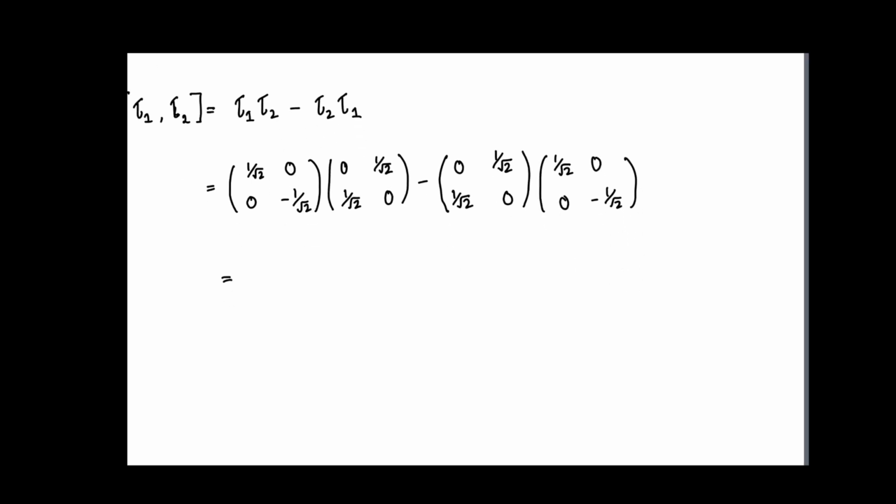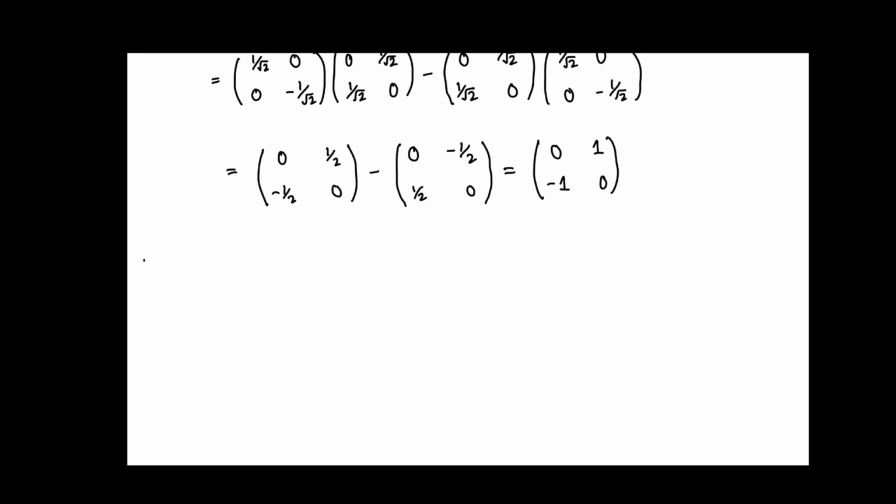If we now multiply these matrices, we get 0, a half, minus a half, 0, subtracted by the matrix 0, minus a half, 0, which is going to be equal to 0, 1, minus 1, 0. Now, we know that this matrix, 0, 1, minus 1, 0, is going to be equal to f121 tau 1 plus f122 tau 2 plus f123 tau 3.